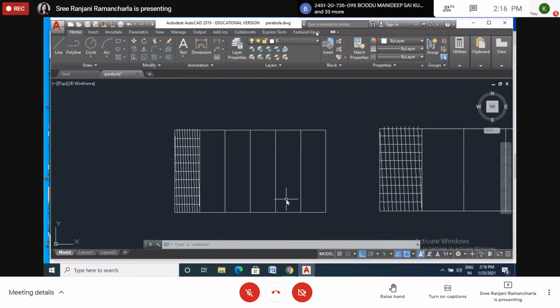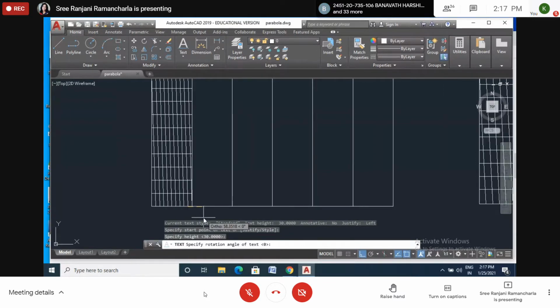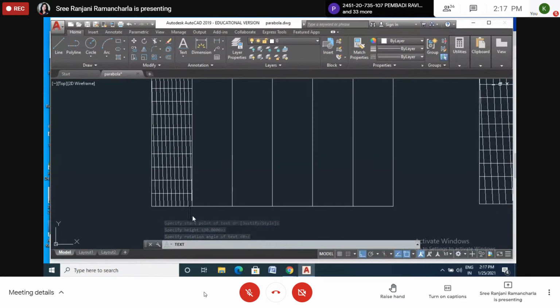Now from where I write 0, 1, 2, 3, other than that, what should I write here? Because they asked to show meters, decimeters, and centimeters. So here I will write 0.